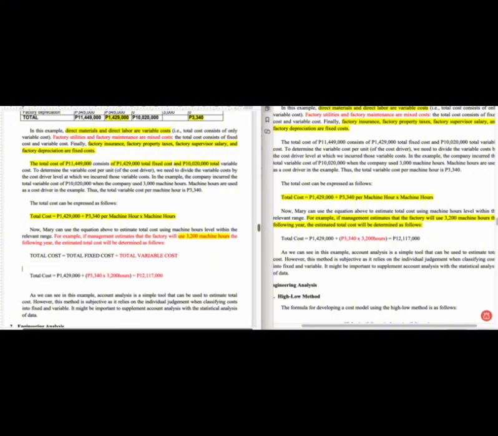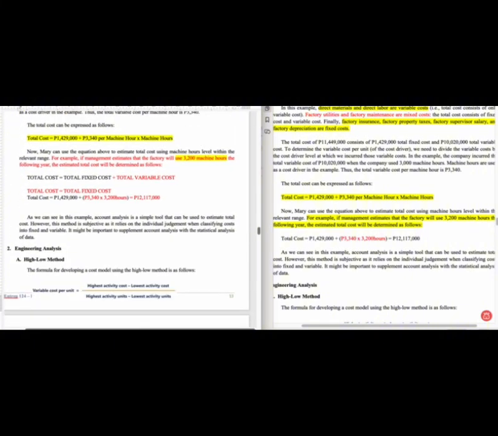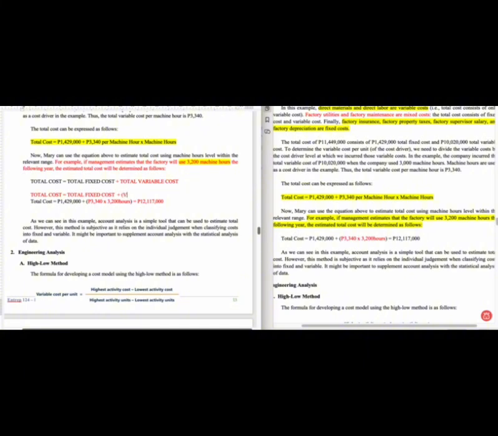So, total cost equals total fixed cost plus open parenthesis variable cost per cost driver multiplied by cost driver.